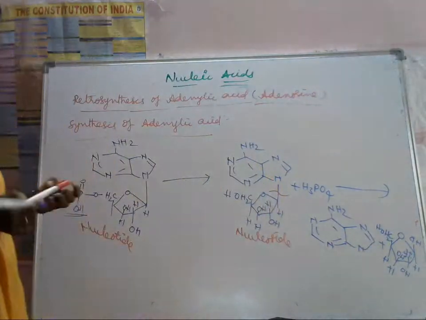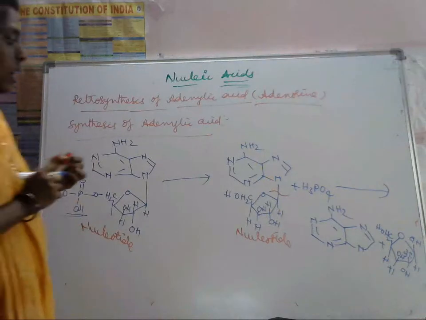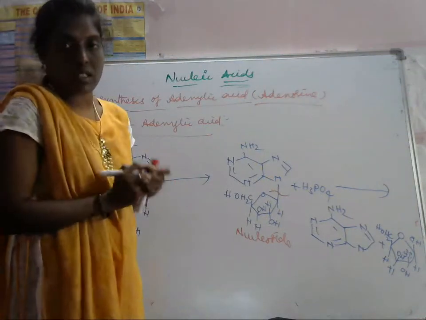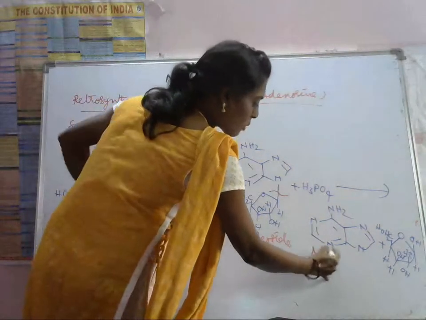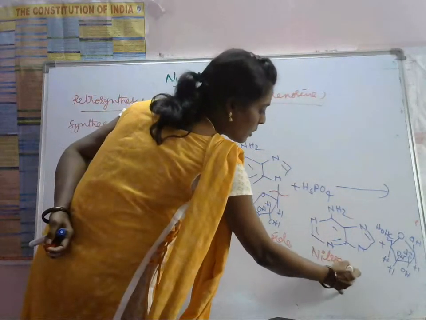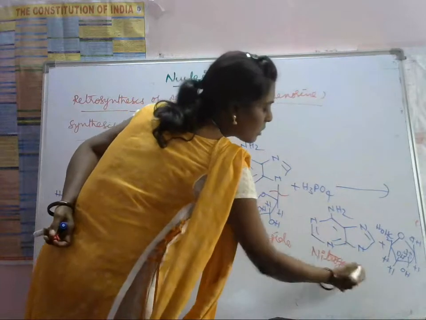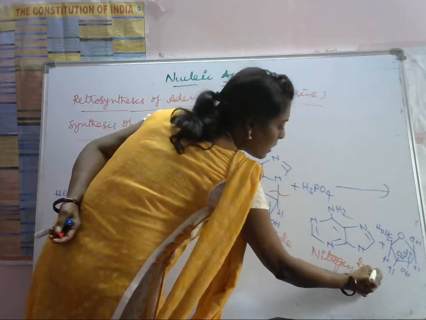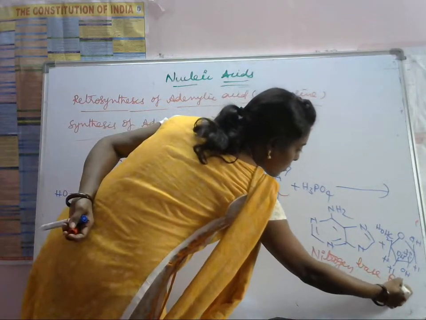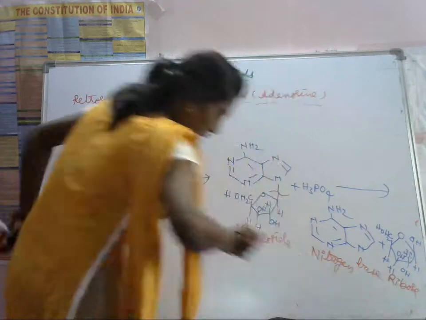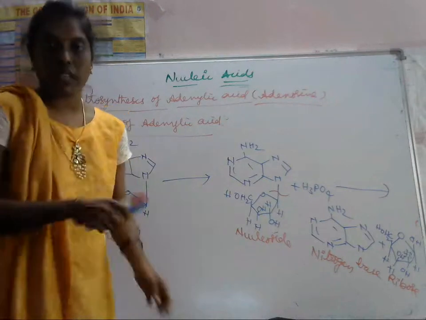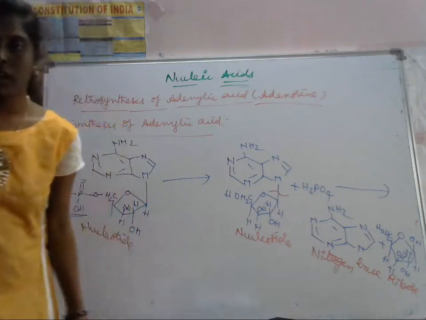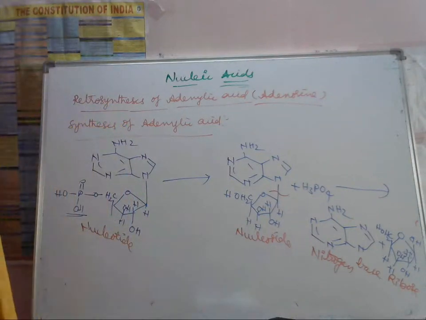So this is the nitrogen base called purine adenine, and this is the ribose sugar. This is the synthesis of adenosine and the retrosynthesis of adenosine.